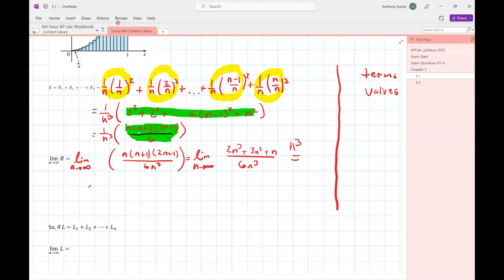In my numerator, I'm going to have 2 times 3 times 2 times 1, and in the denominator, 6 times 3 times 2 times 1. Everything else zeroes out. All I have to worry about are the leading terms, right? Because by the time I take the third derivative of n squared, that's 0. So this just simplifies down to 1/3.